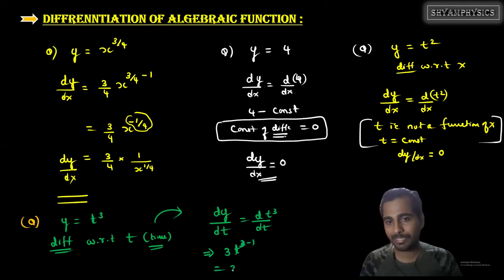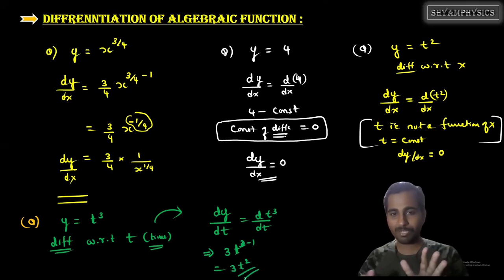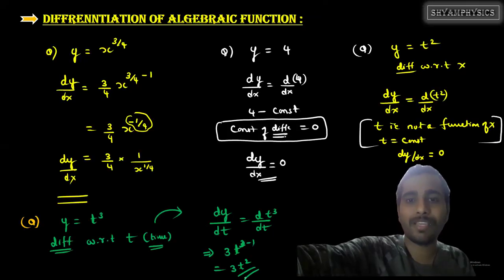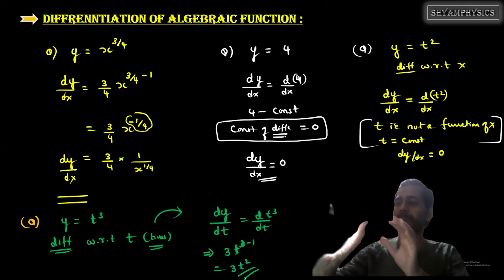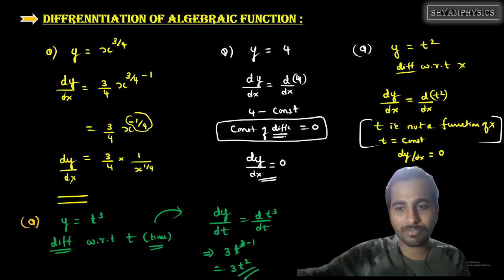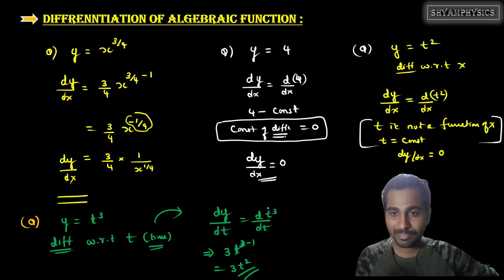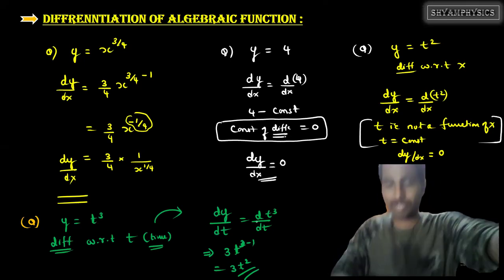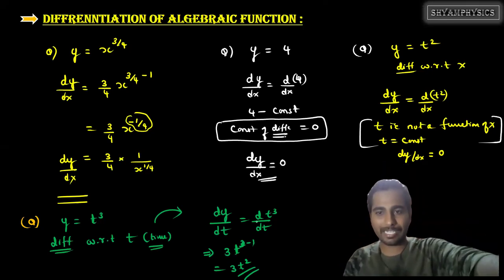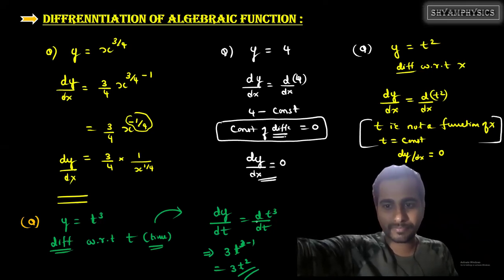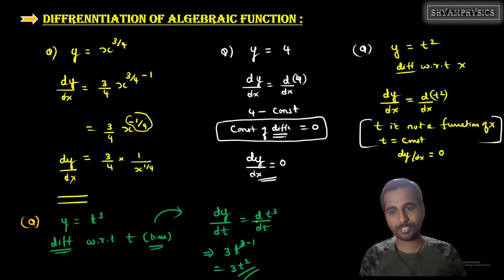So the answer will be 3t to the power 2. One thing is confirmed: whenever you're doing differentiation, the variable in the function has to be the same as the one in the denominator. Then only can we differentiate, otherwise it is not possible. Clear? Okay, good.